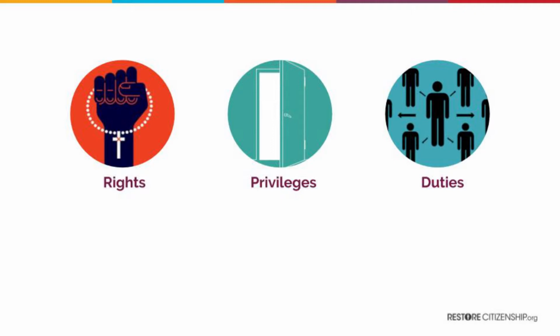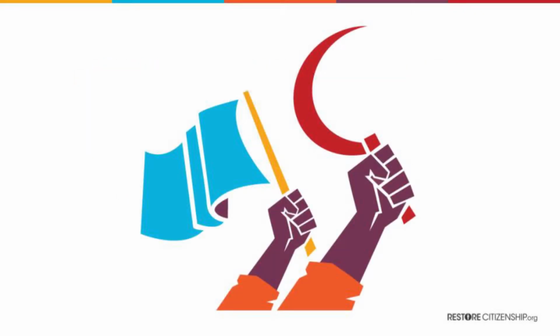Duties are the responsibilities citizens have to uphold the continuity of the nation state, which enables it to continue or to last. For example, we have to pay taxes, we have to vote, and do other things to make sure the nation continues.